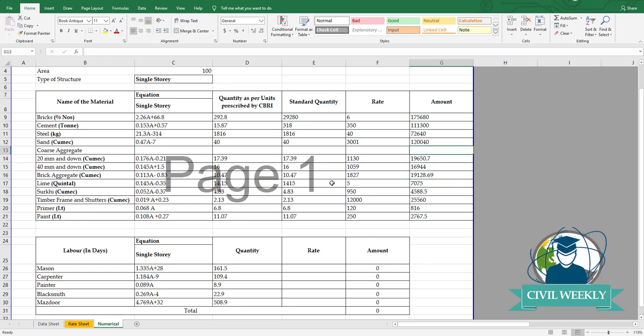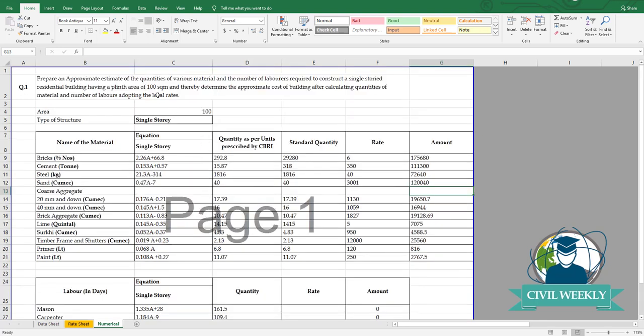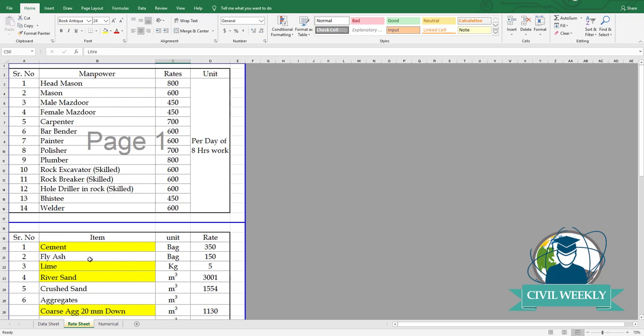So this is how we can find out the cost of various materials. Similarly, we have to find out the cost of labor also. So just put all the values in this. Okay. So A will be equal to plinth area, that is equal to, in this particular sum it is 100. So we have got the values directly, and these labors we have got in days. So this rate is also in terms of days.